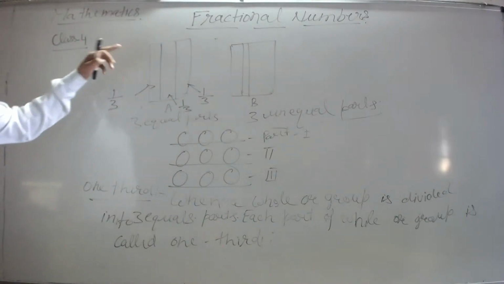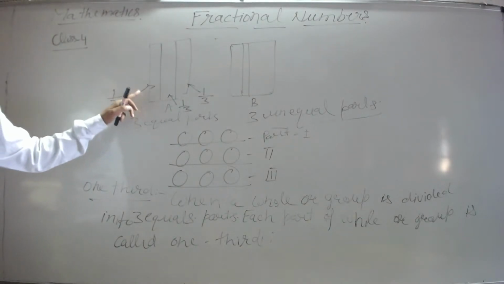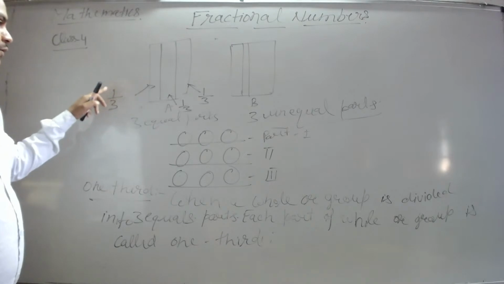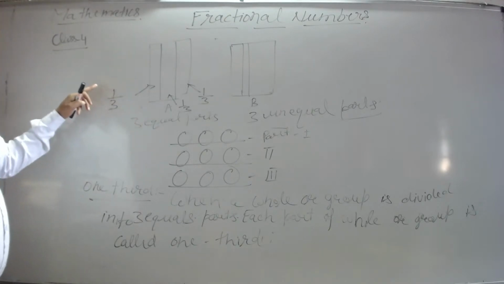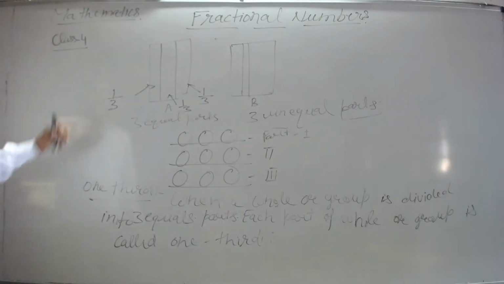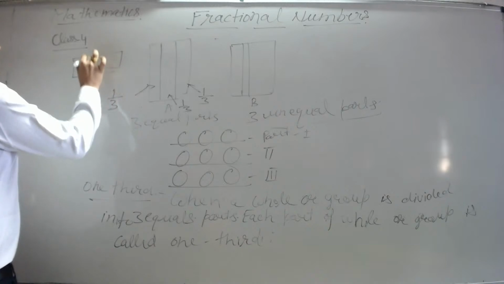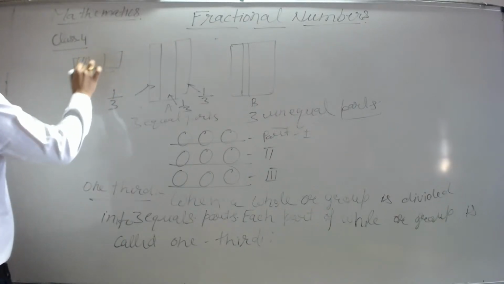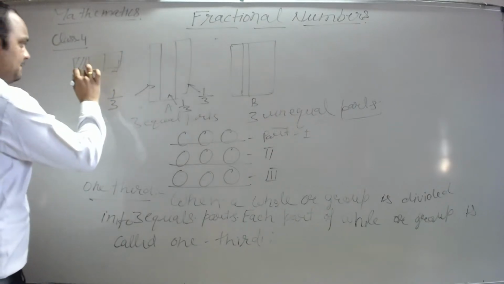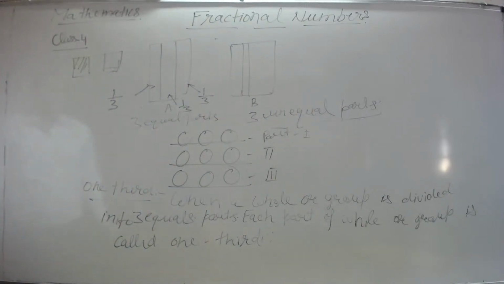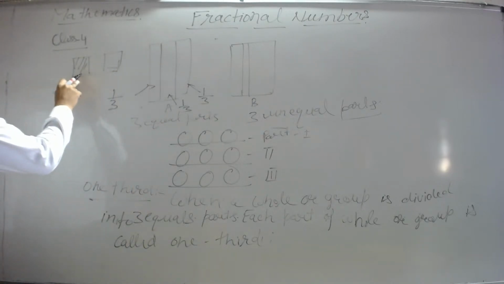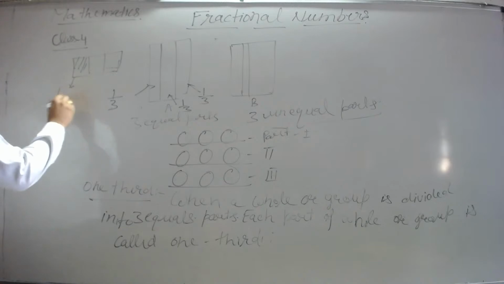In this picture, there are three equal parts and each part will be 1/3 of the whole. Another example is in this picture, these are three equal parts and one part is the shaded part. So what will be the fraction of the shaded part? 1 out of 3.